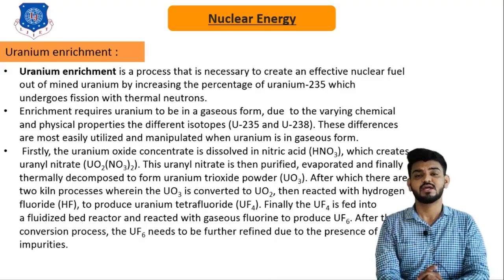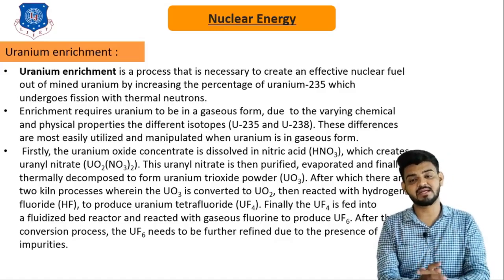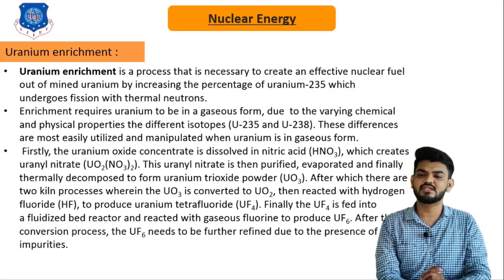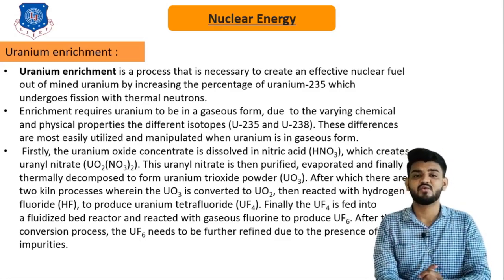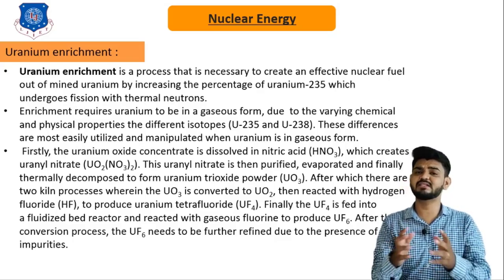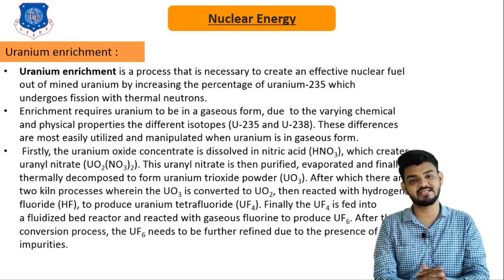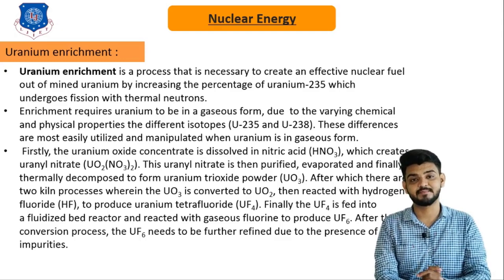So it produces uranium tetrafluoride, which is the feed for the different reactors. So this was all about the uranium enrichment process, in which we increase the concentration of uranium by dissolving it in nitric acid, and ultimately we get uranium tetrafluoride.